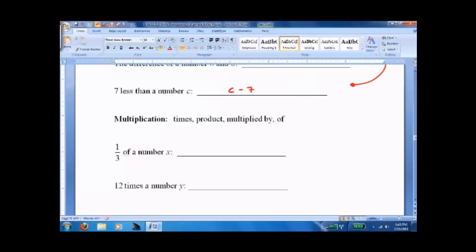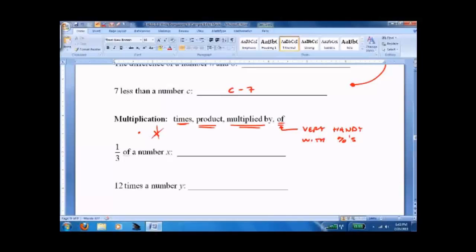Multiplication, times. You can write that as a dot. No longer write it as an x because we get confused with the variable. Times, product, multiplied, and of. Very handy with percentages. You will see that a lot.